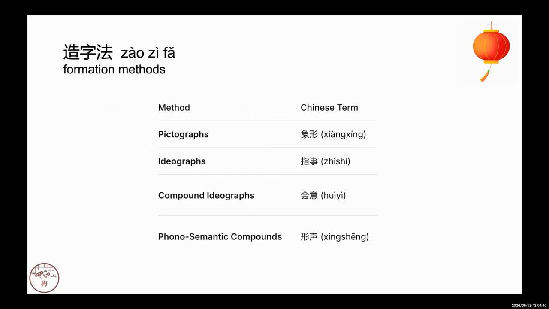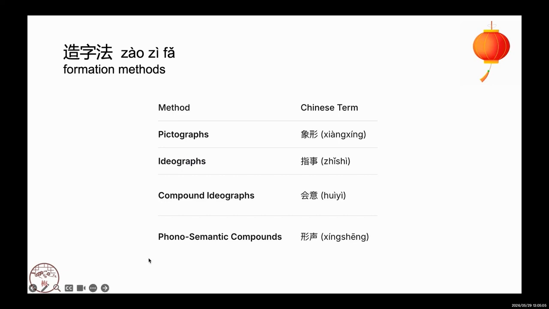Third one is compound ideographs. We can see that all the first 3 methods are about graphs. So you can see why we call Chinese script a logographic script, right? It's all about the shape of the physical objects.